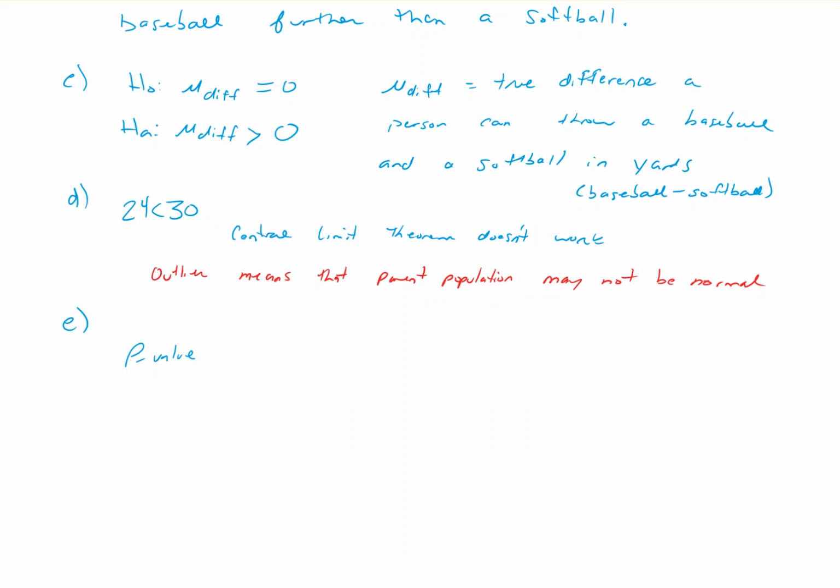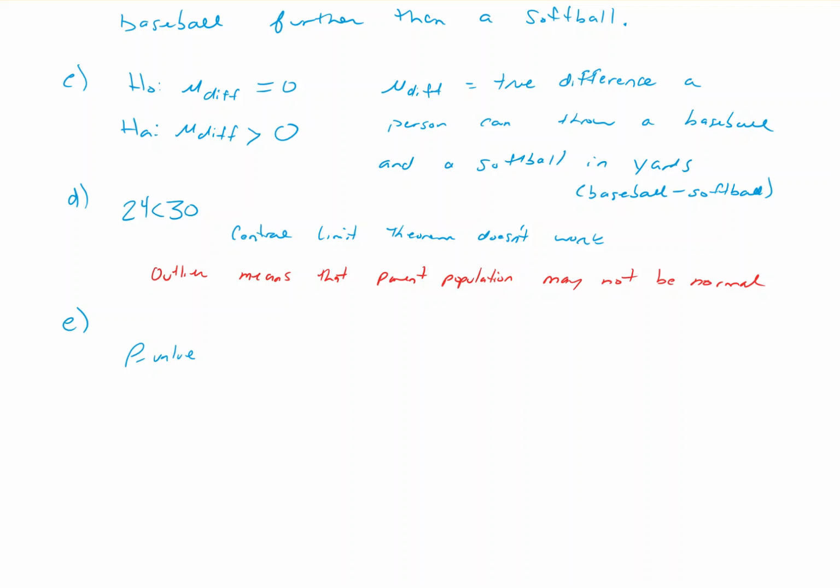So therefore, from the simulation that they did, they basically say, hey, let's do a whole bunch of simulations, assuming that the null is true, and the difference is 0. So really, either one could have been greater, right? The softball might have been the bigger one. The baseball might have been the greater one. So they went out and they did a simulation of this, and then they averaged them all.